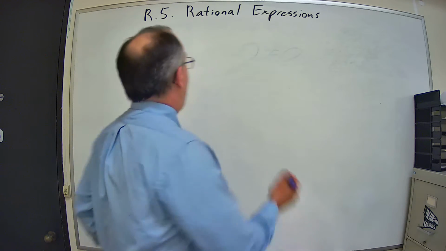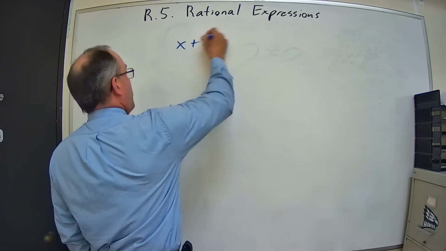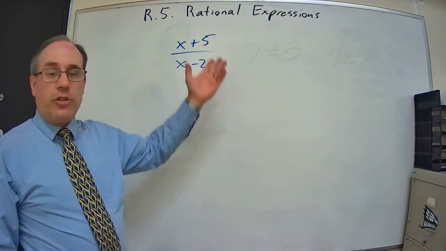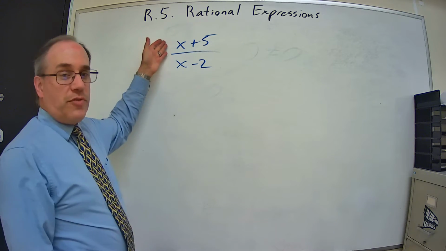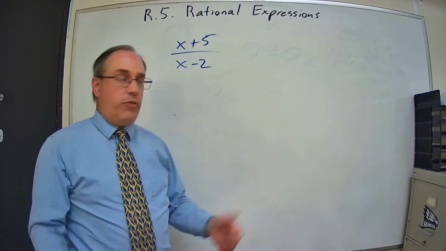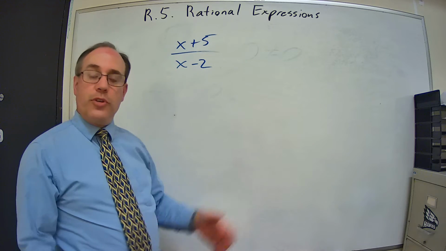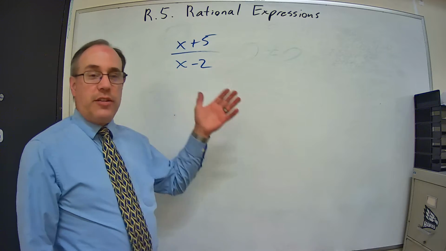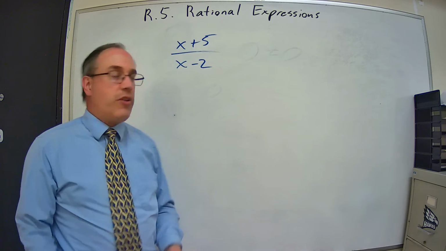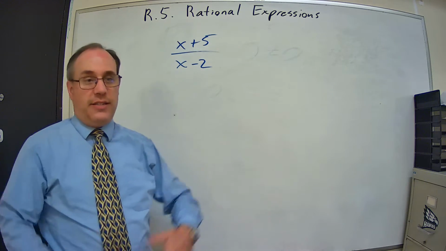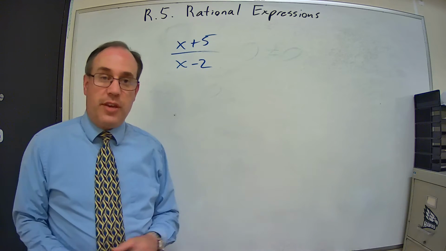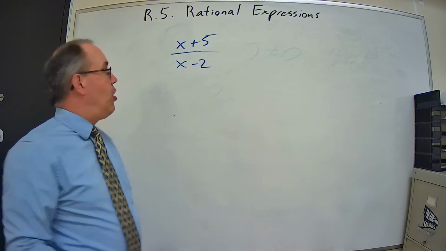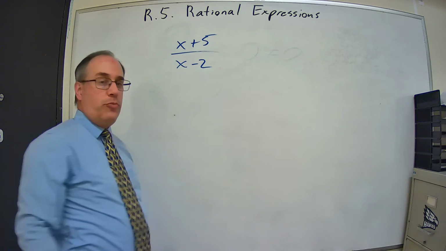So what if we have x plus 5 over x minus 2? That is a rational expression. We have x plus 5, which is a polynomial, divided by x minus 2, which is also a polynomial. But we know that x minus 2 can't be allowed to be equal to 0, otherwise we're dividing by 0, which again makes it undefined. So we just need to know when x minus 2 will be equal to 0.